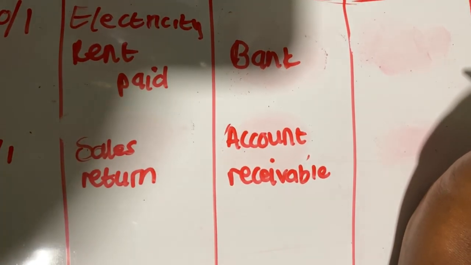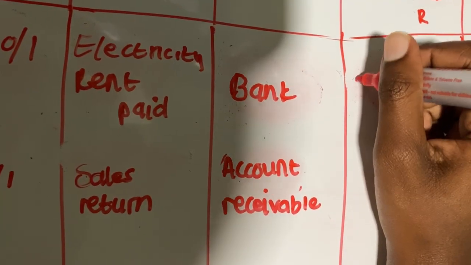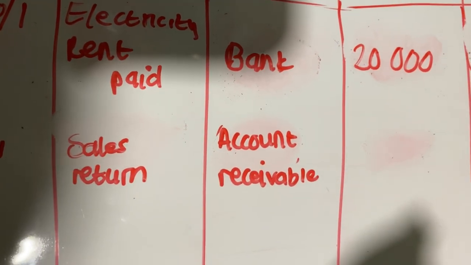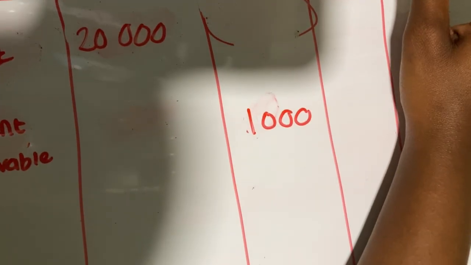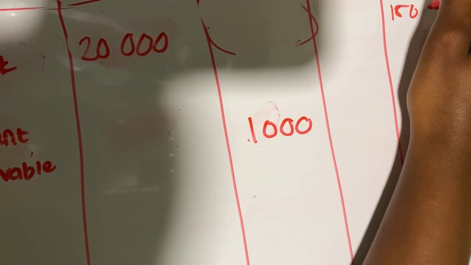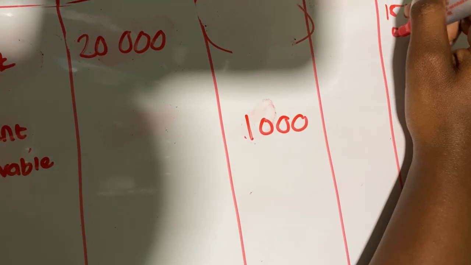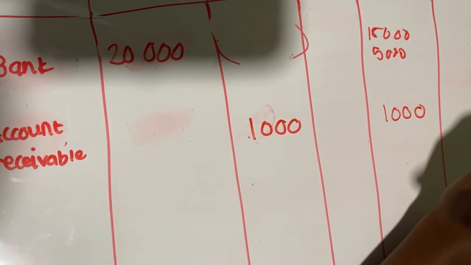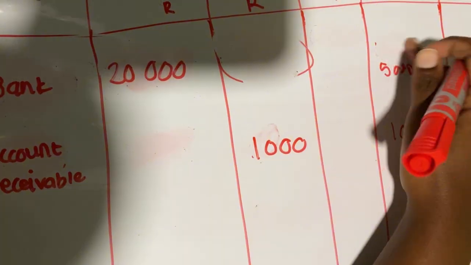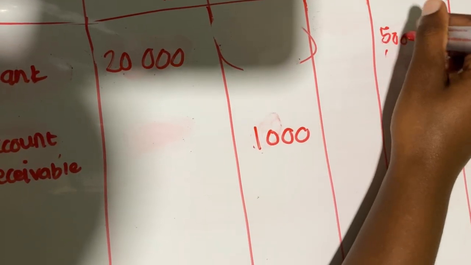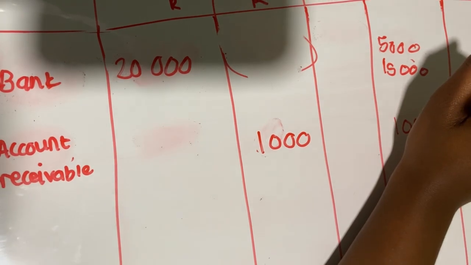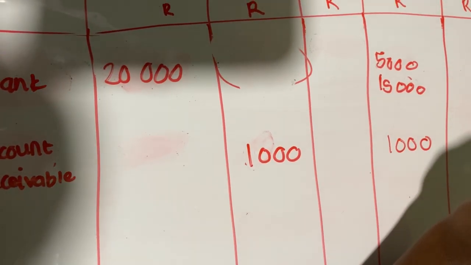So assets are gonna decrease by 20,000 rand, and then our owner's equity is also going to decrease by 15,000 rand for the electricity and 5,000 rand for the rent that has been paid. No, vice versa actually, sorry. 5,000 for electricity and 15,000 for the rent paid.